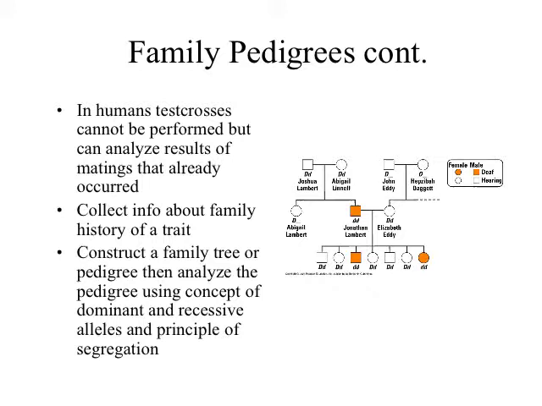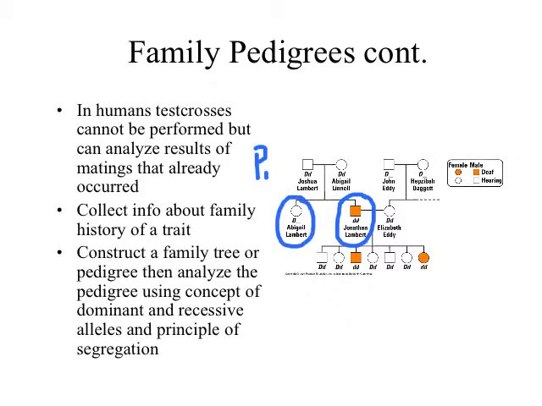So we take a look at the pedigree on the right. This is for the trait of deaf versus hearing. We started out with our P1 or grandparent generation of everybody is hearing. Now Joshua and Abigail had a deaf son, but they also had a hearing daughter as well, right?